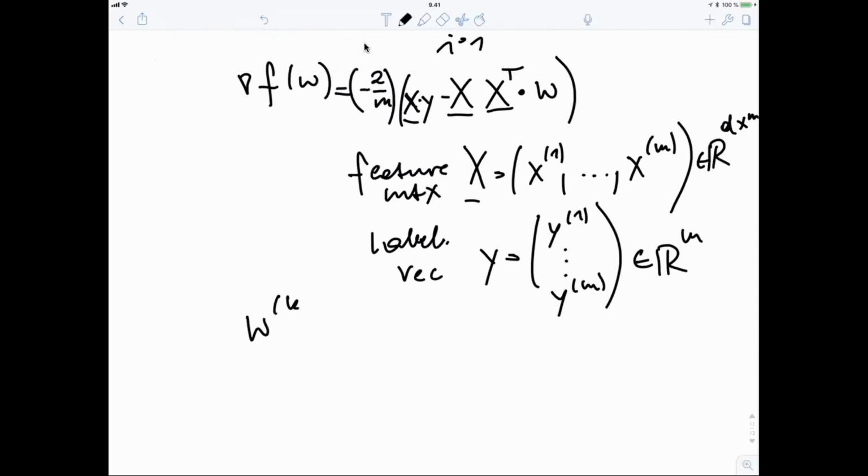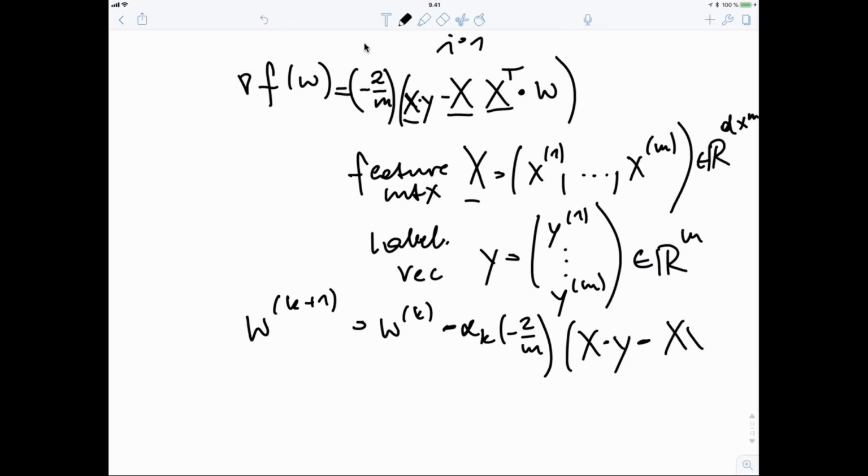We have w_{k+1} equals w_k minus alpha_k times the gradient, 2 over m times X times (y minus X transposed w_k).